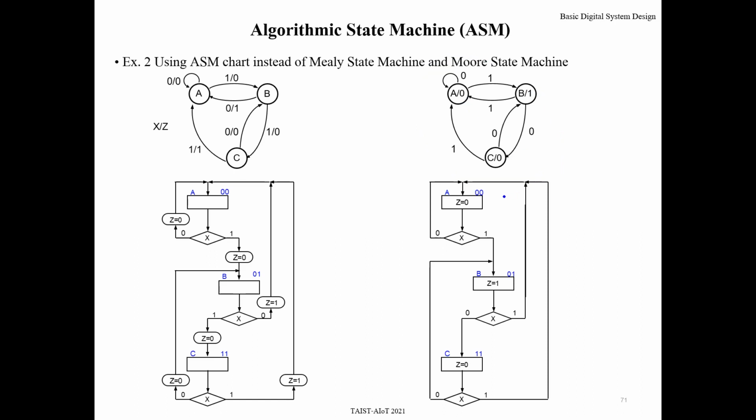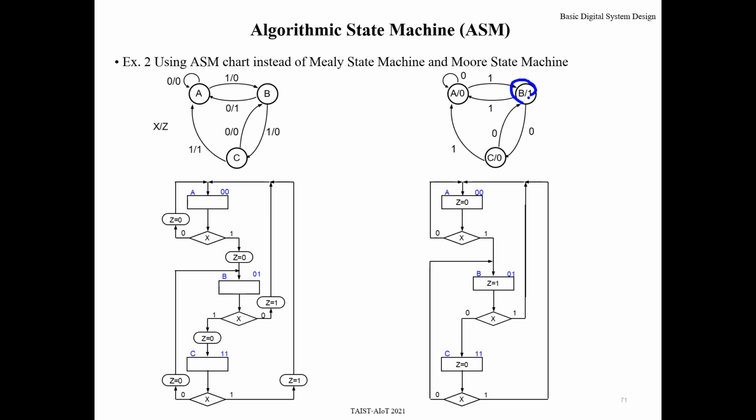So you can write the output in the state box like this, namely at state A and state C, output Z is 0. At state B, output is 1.